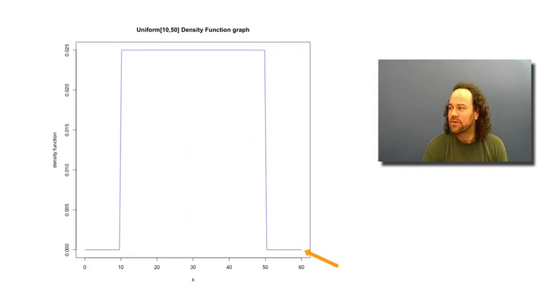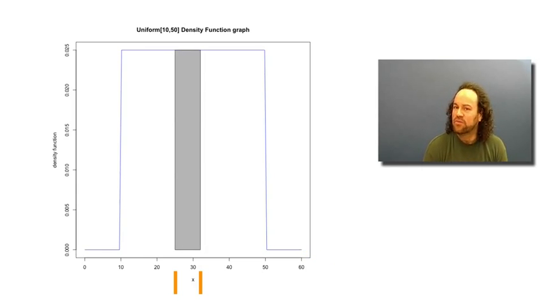Otherwise, it's equal to 0. And the total area under the graph is still equal to 1. But now we could say, oh, the probability that the random variable is, say, between 25 and 32, well, would be given by the area underneath the graph, which is between 25 and 32, which in this case is equal to 7 out of 40.